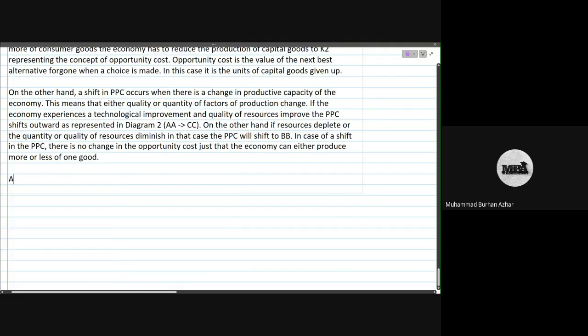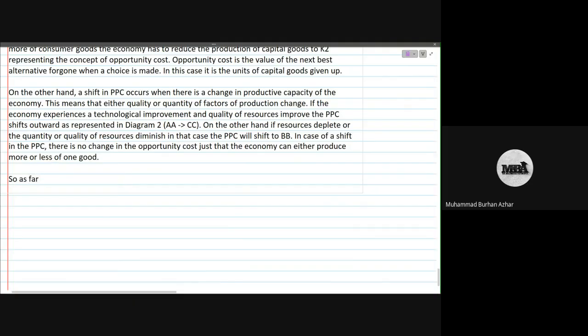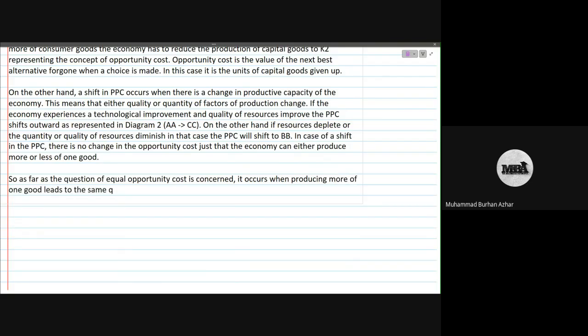So as far as the question of equal opportunity cost is concerned, it occurs when producing more of one good leads to the same quantity of the other being given up each time.